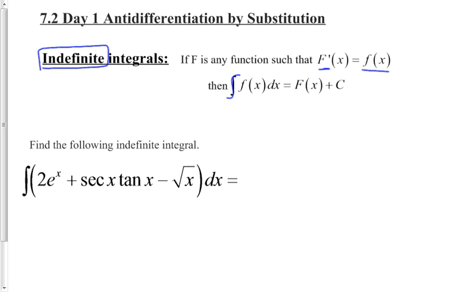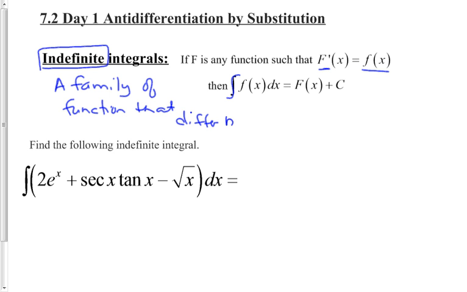So an indefinite integral basically is a family of functions that differ by a constant, like some constant, we call it c. And that family of functions is the antiderivative.